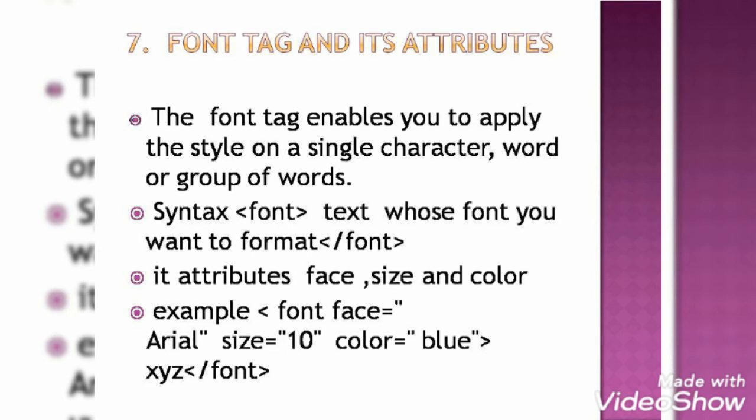Again, to change the font size, you write size equals to that particular size, it can be 10, 12, anything, in inverted commas. You can change the font color: you write color equals to, in inverted commas you can write red, blue or whatever. So like this you can change the face, that is the type of the font, the size of the font and the color of the font. These are the different attributes of the font tag.